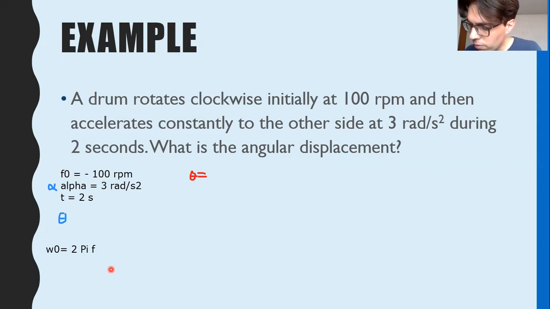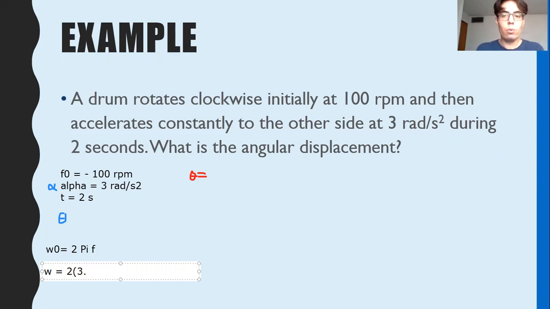100 over 60, no, 1.6. So this multiplication down here is going to be the angular velocity. So angular velocity is going to be 2 times pi, that is 3.1415926, right? But let's put it like this.